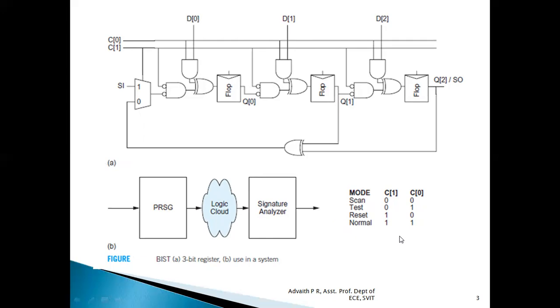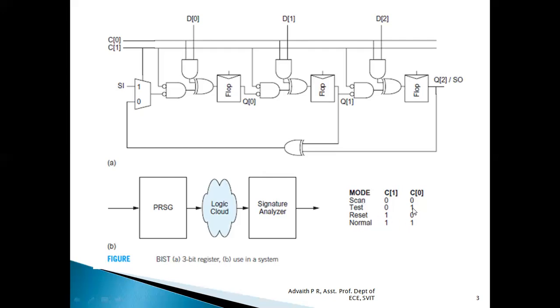In figure B, on the right-hand side, we have different modes of operation of built-in self-test: scan mode, test, reset, and normal mode. It depends on how C0 and C1 are given. We can understand it in detail with the help of these modes. When C0 is 0 and C1 is 0, the figure works in scan mode.